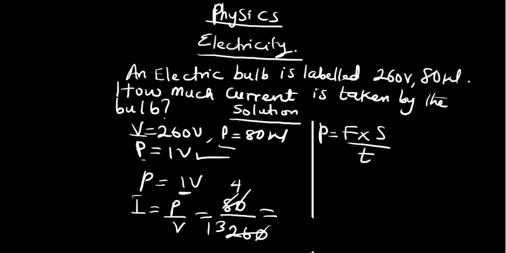So that's our answer. What is the unit of current? That is ampere. So we can now approximate it to 0.31 ampere. So that's that for this episode.